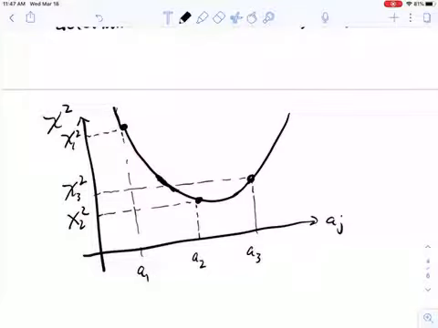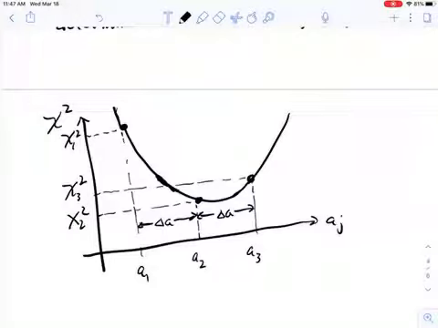Okay, and so let's imagine we've done this so that the spacing between A1 and A2 is delta A, and the spacing between A2 and A3 is also delta A. Okay, so let's see.